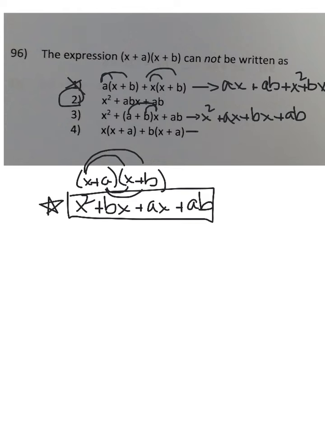And let's do the same thing with choice 4. That gives me x squared. That's a squared, by the way, sorry. And then here, that gives me plus ax. Then here, plus bx. And lastly, plus ab, which matches, again, what I have in the box. Okay, so the answer is choice 2.